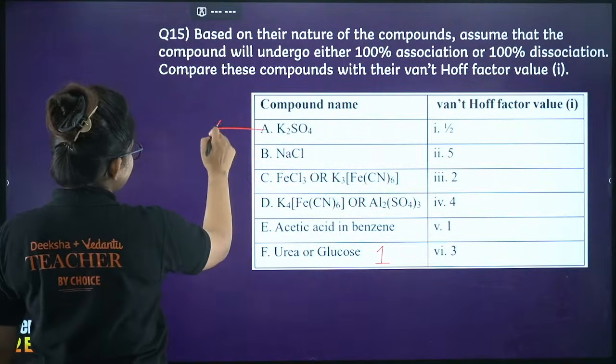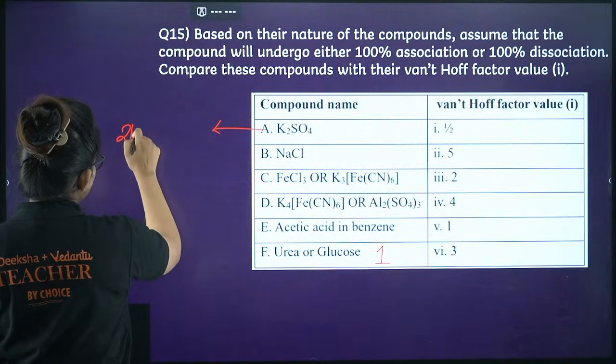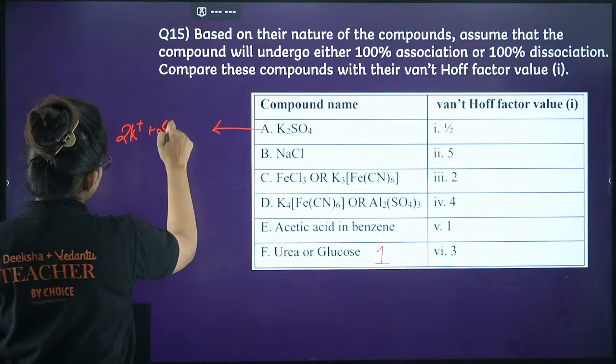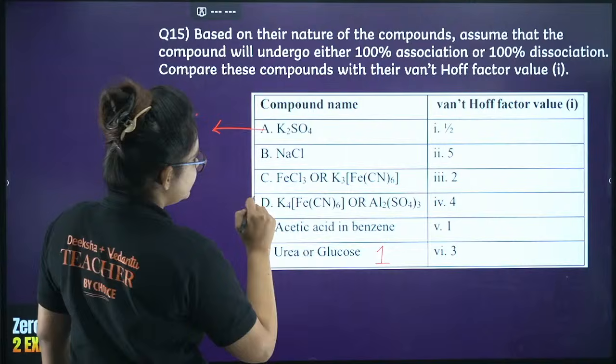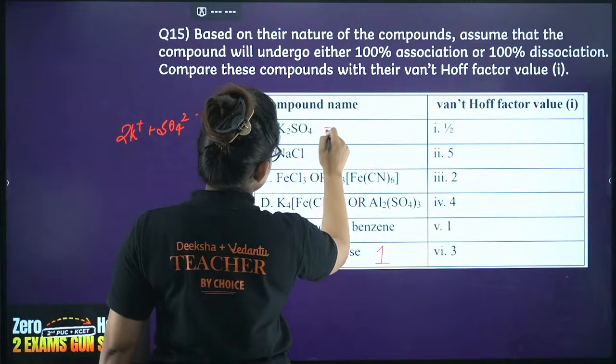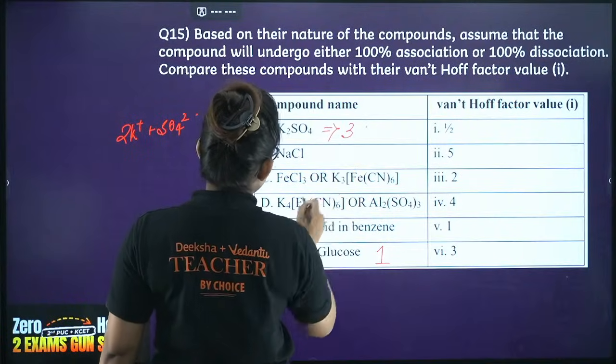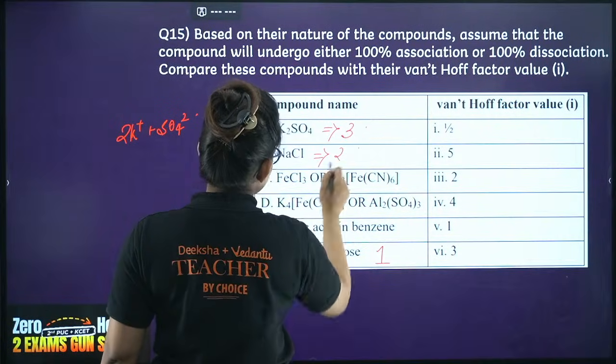K2SO4 will undergo dissociation, so 2K plus and SO4 2 minus, so if you count, 2 and 1, you will get 3. For NaCl you will get 2, right?